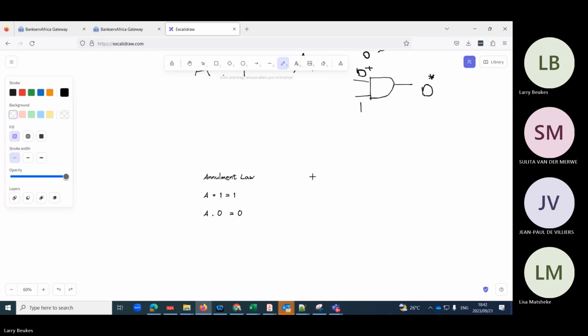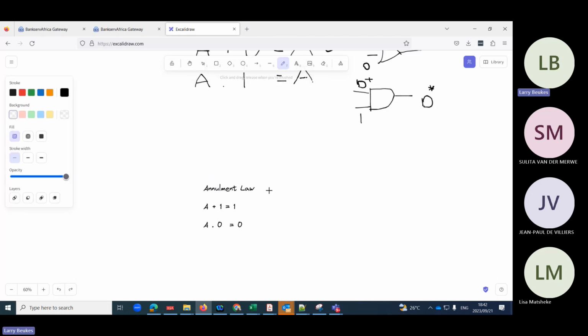So if you want to describe it, you can say any input ORed with a 1 becomes a 1. Understand? And any input ANDed with a 0 becomes a 0. So if they say, please describe it, you can say that. But this is the OR gate.